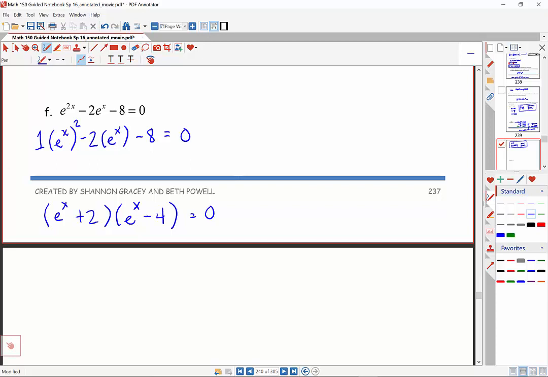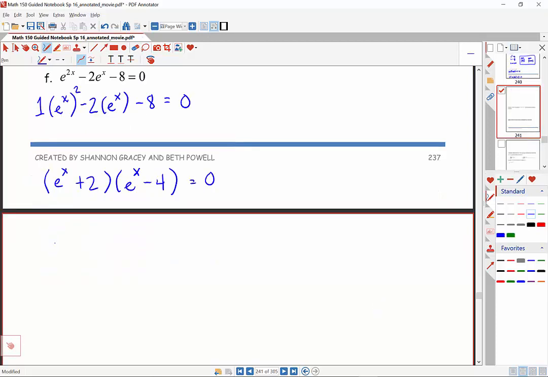Does that work out okay? Yes, it does. Perfect. So now we end up with e to the x plus 2 is 0, or e to the x minus 4 is 0. So e to the x equals negative 2, or e to the x equals positive 4.